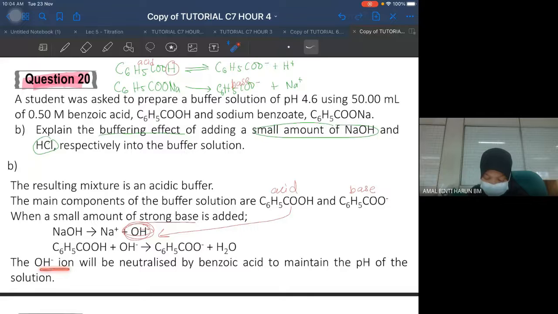So the OH minus will be neutralized by the benzoic acid to maintain the pH of the solution. So how does it maintain? The OH minus added is neutralized by the acidic component of the buffer. So we can explain by showing the reaction, which component neutralizes the base added.